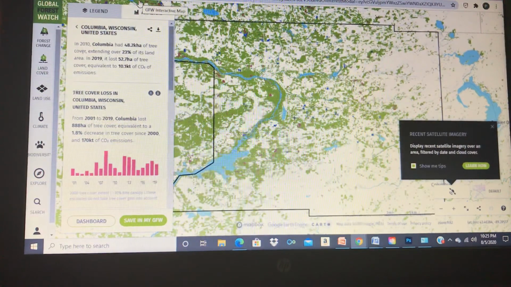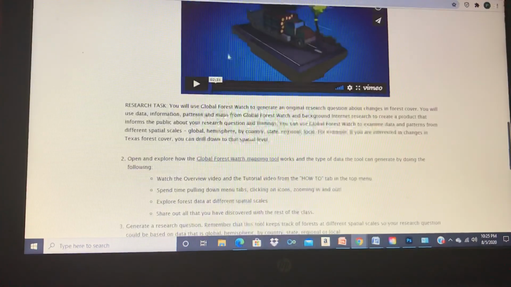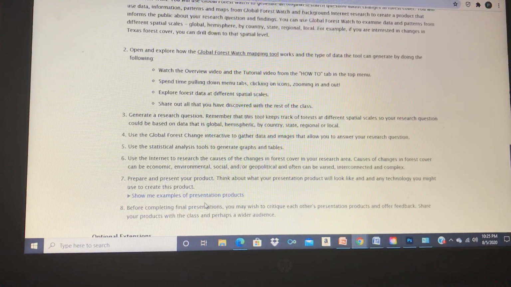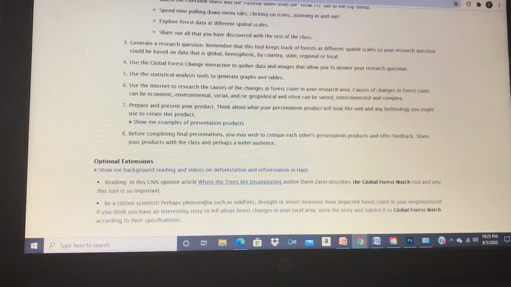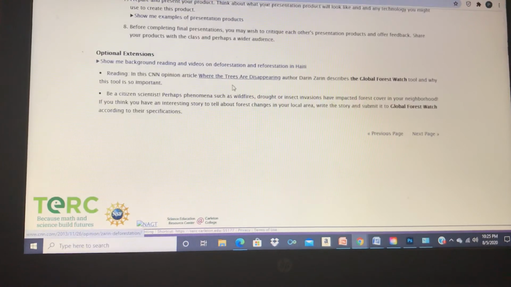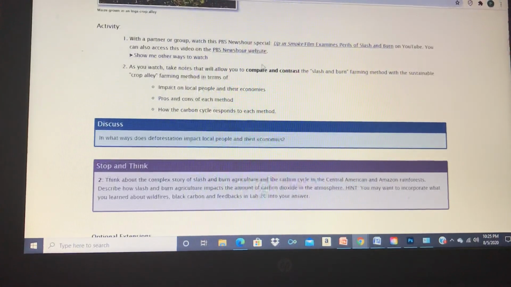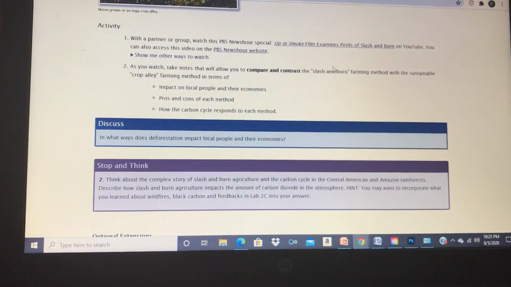Remember, you can go back here to our lab, and there are all different, you can click on different videos where the trees are disappearing. You can go back to the previous page, and you can look at some of these links here that give you some of that information we talked about, to talk about the slash and burn farming.